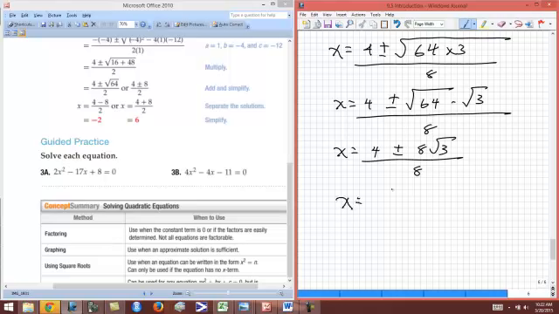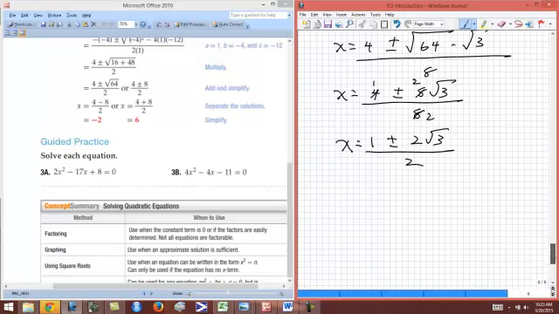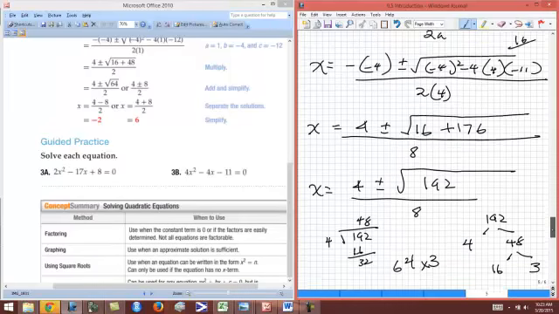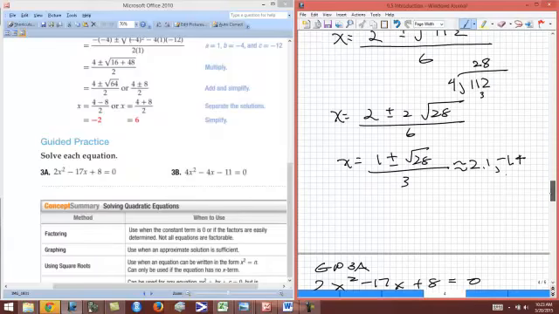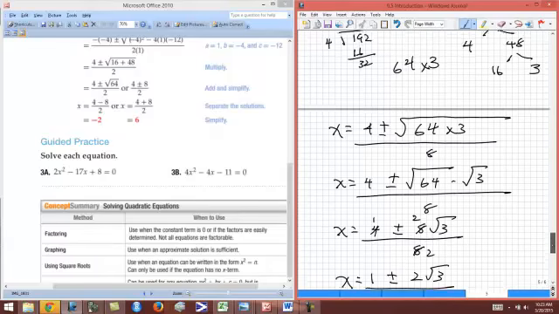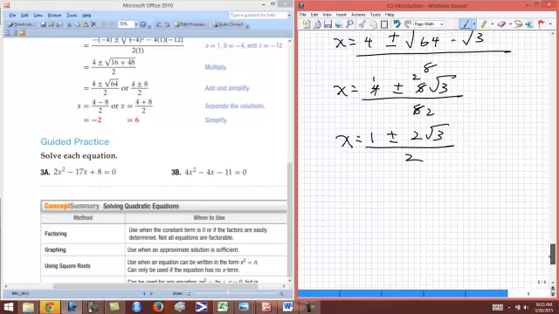So 4 is going to cancel once, twice, and twice. So we got 1 plus or minus 2 root 3 over 2. The 2 cannot cancel into this term unless it cancels into this term. Okay? Notice the axis of symmetry is going to be 1/2, just like in the previous problem, the axis of symmetry was 1/3. So the axis of symmetry here is 1/2.